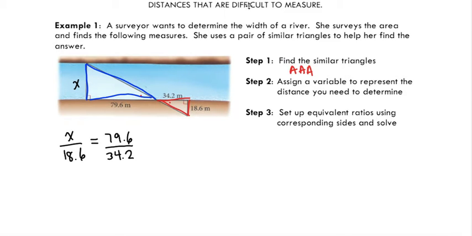And from here, I want to use cross multiplication in order to solve for my variable x. So I'm taking 34.2 and multiplying that by x, and I'm taking 18.6 and multiplying that by 79.6.